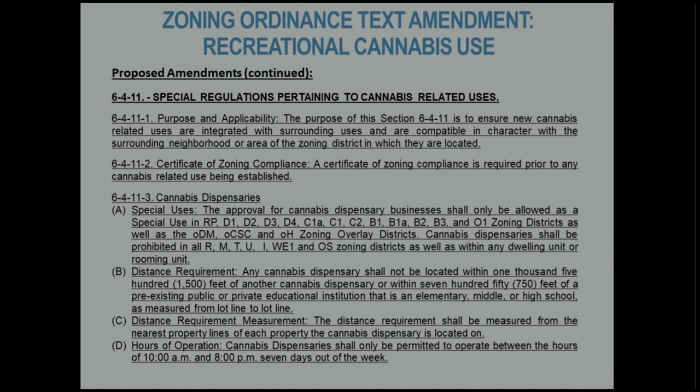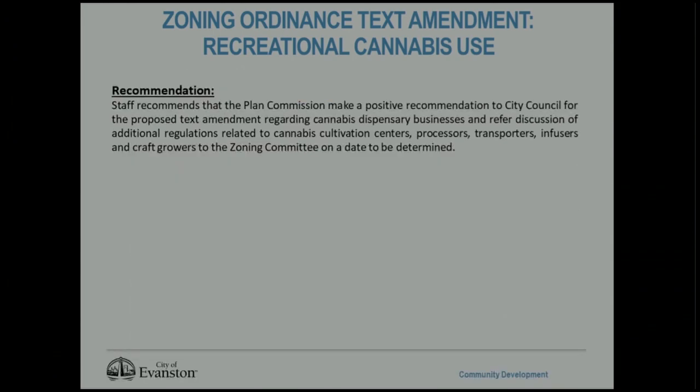Specifically, it would be stating what the state requirements are with the 1,500 feet from another cannabis dispensary use, as well as proposing a 750-foot radius from existing public or private education institutions, which would be elementary, middle, or high schools. We would also be proposing hours of operation from 10 a.m. to 8 p.m., 7 days of the week.